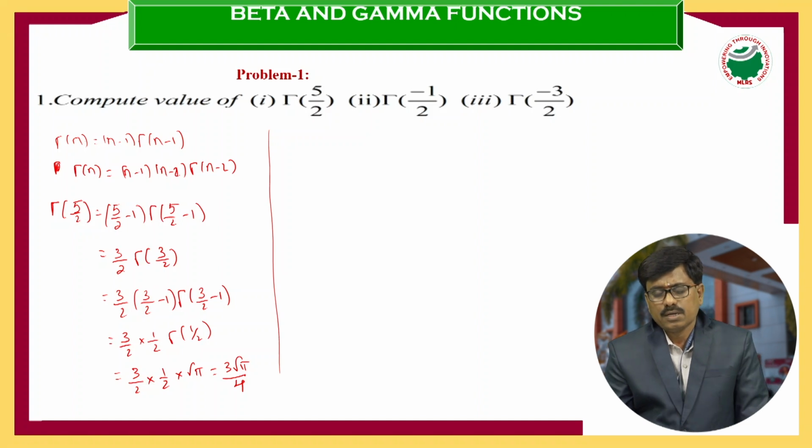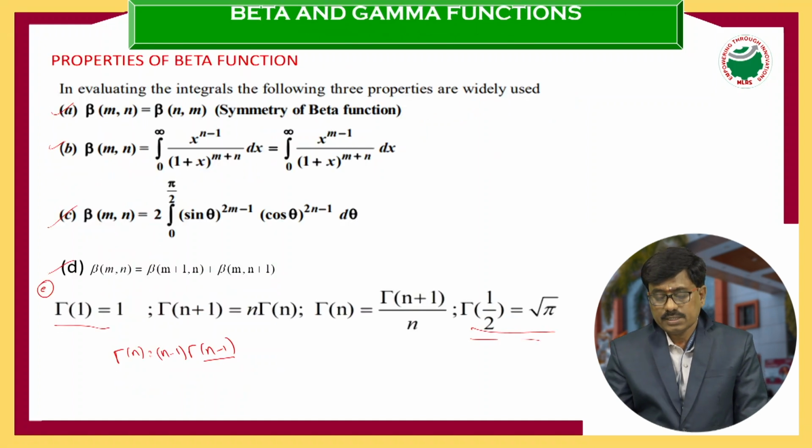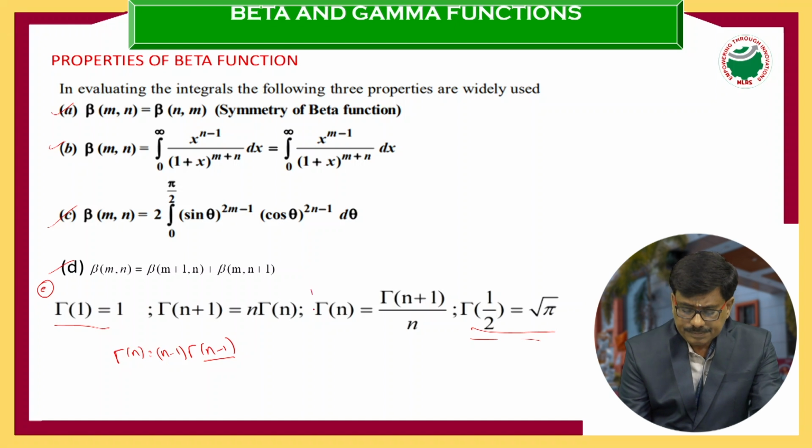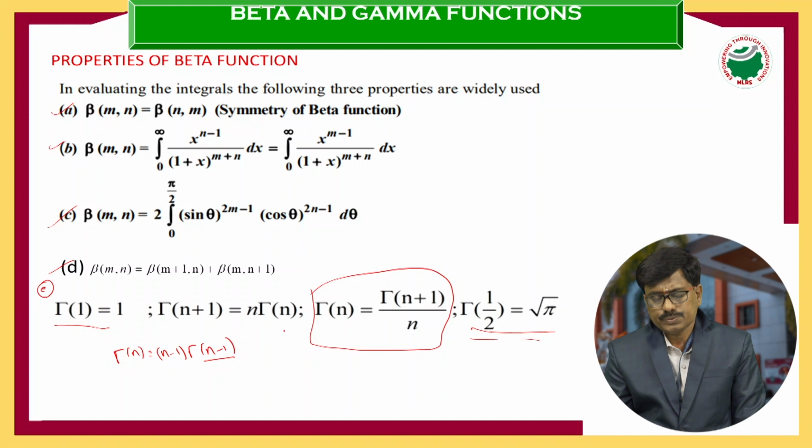Let us talk about the gamma of negative values. How do you calculate the gamma of a negative number? Let us look at where the gamma function is undefined; then only can we say which values we need to calculate. Look at this property: gamma of n equals gamma of n plus 1 by n.